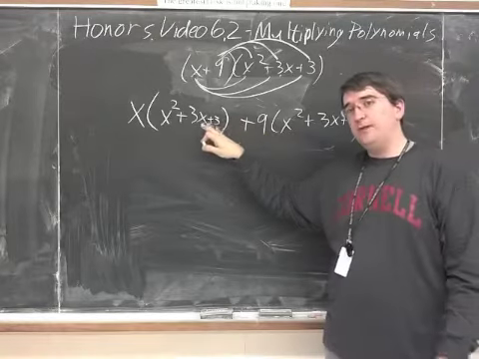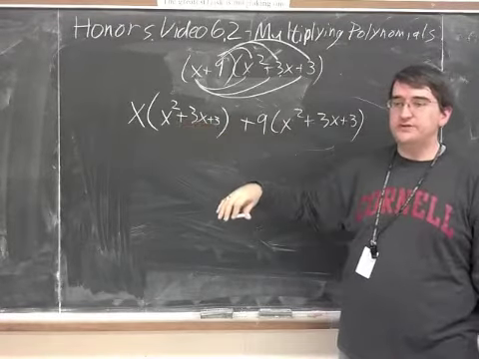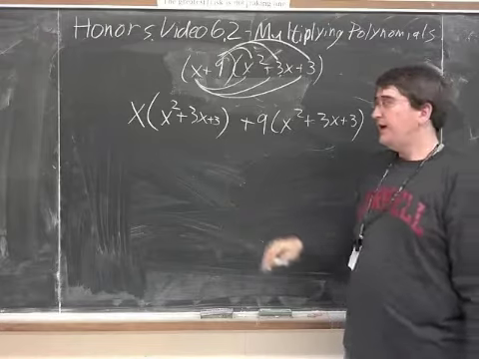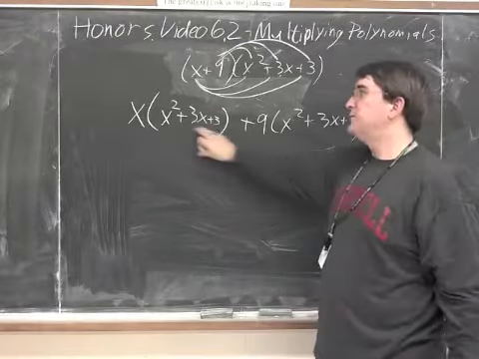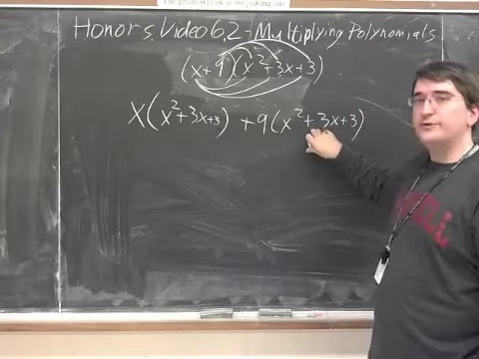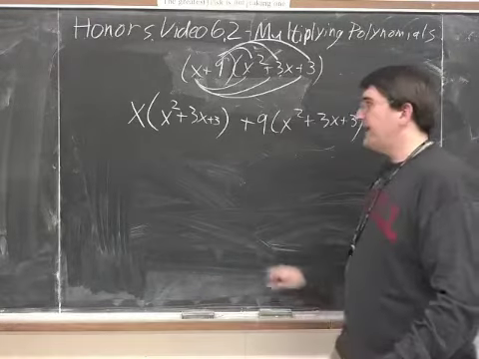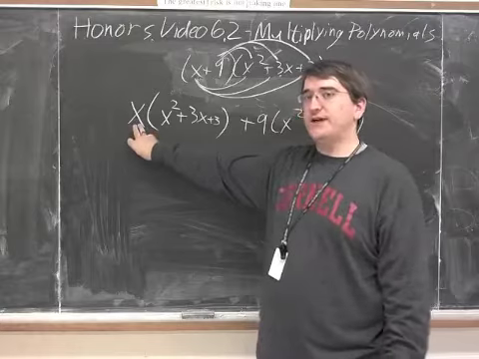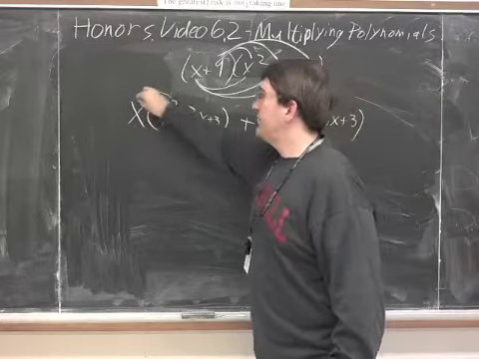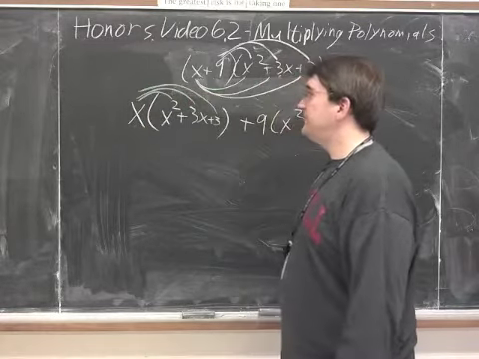This part of the problem, by the way, should look similar to some of the other questions on your problem set. Probably not exactly the same. You won't necessarily have the same exact polynomial in those parentheses, but really, it works the same way. Whatever's sitting outside of a set of parentheses, you distribute it. You multiply it to each of those individual terms.